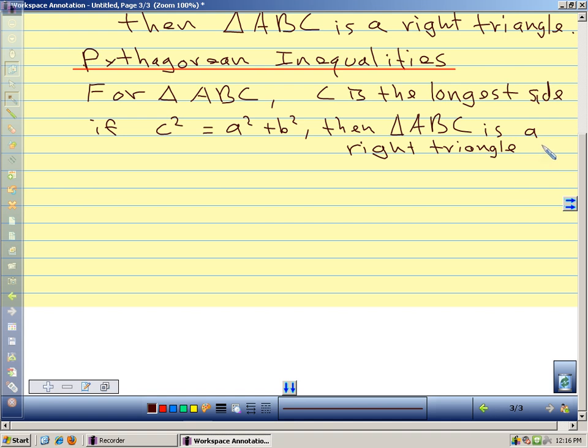And if we want to draw a little picture, I could draw a little picture like so. That would be my triangle. So if we know that c squared equals a squared plus b squared, we know we have a right triangle. Our second possibility, if c squared is greater than a squared plus b squared, then what kind of triangle do you think we have?